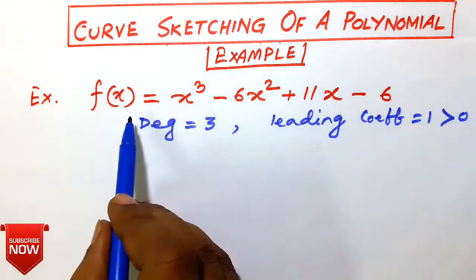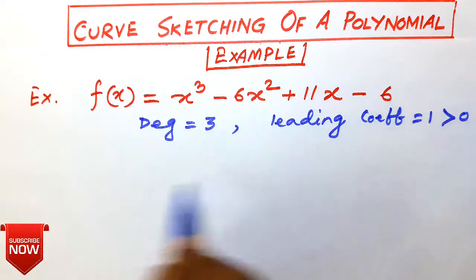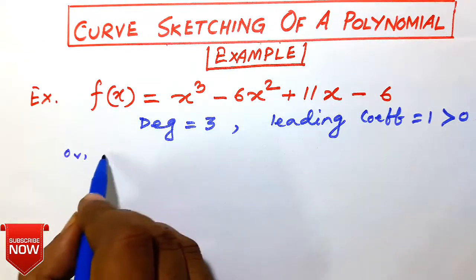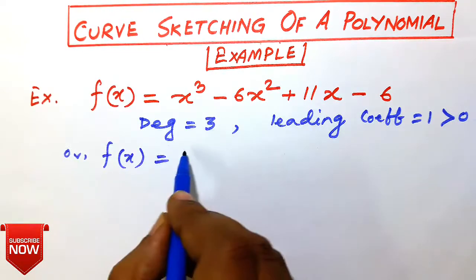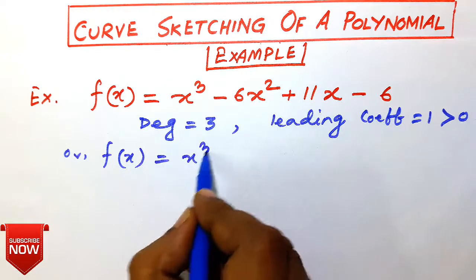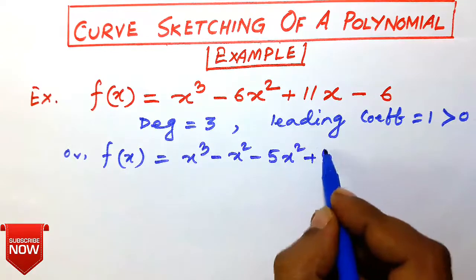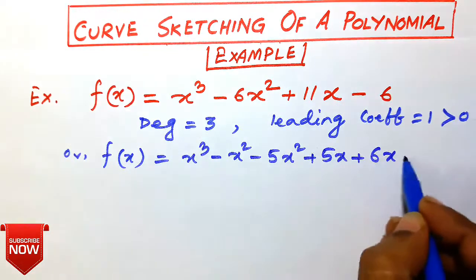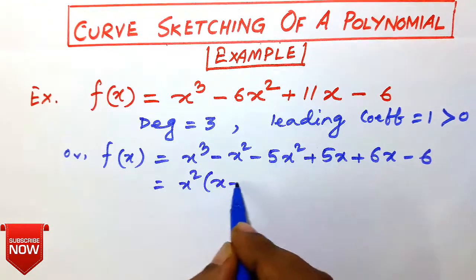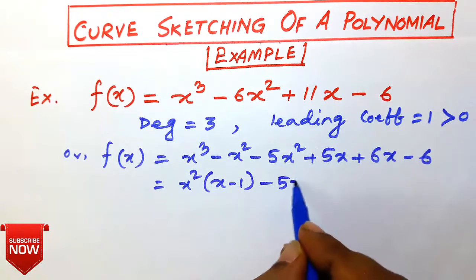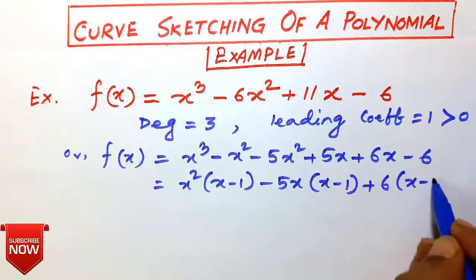Now friends, we have to factorize this polynomial x cube minus 6x square plus 11x minus 6. If we factorize this one, we shall have x cube minus x square minus 5x square plus 5x plus 6x minus 6 is equal to x square into x minus 1 minus 5x into x minus 1 plus 6 into x minus 1.